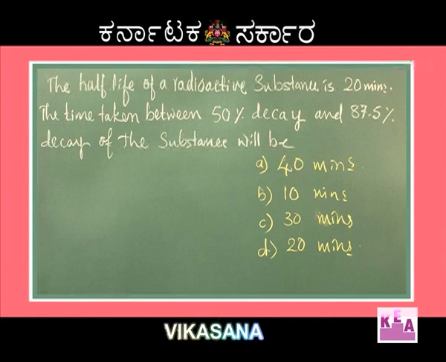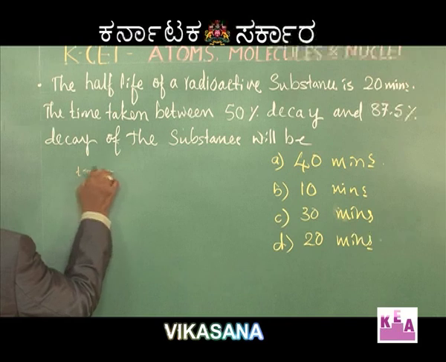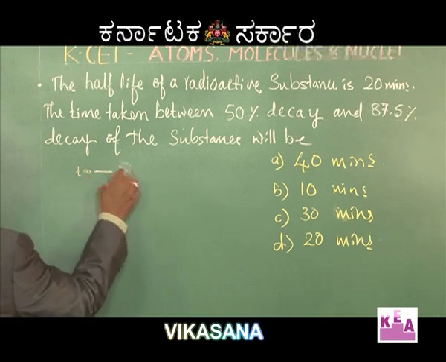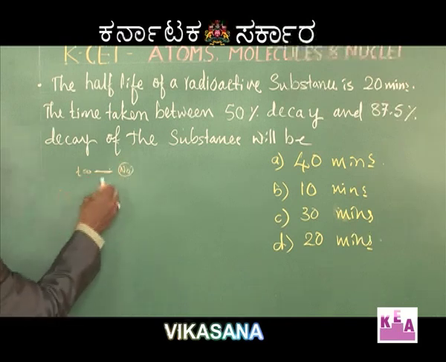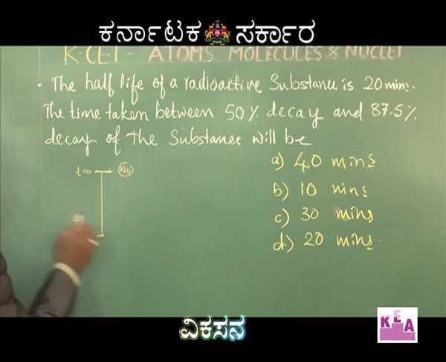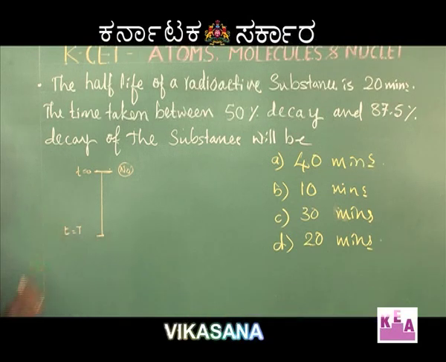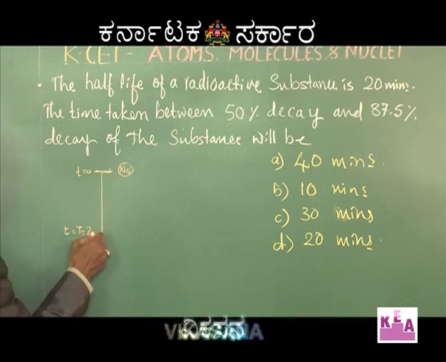Now, time taken between 50% decay and 87.5% decay. How do you analyze? Let us take this as t equal to 0. Let me write here. So, starting from this initial, let us say n0 or whatever it is, to reduce it to 50%. So, what time it takes? It will be t equal to 1t, that is half-life, which you can write as 20 minutes.